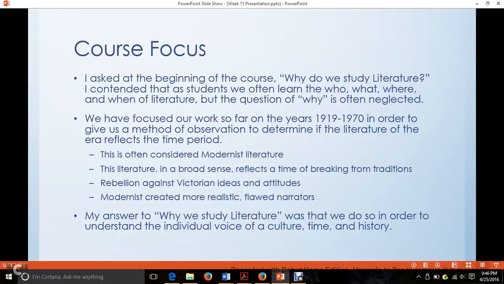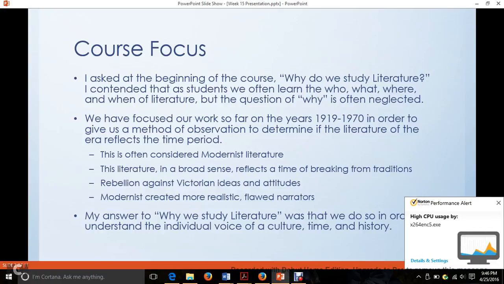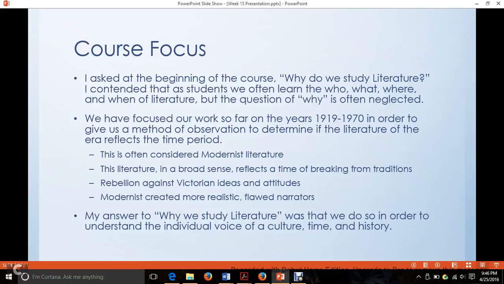So I wanted to focus solely on works that were written within the civil rights era of history in order to see, is my answer correct? Do we study literature in order to understand a particular time, culture, or history? And that was my idea. So hopefully I'm right. At least I hope that you've found that I'm right, but we'll see.